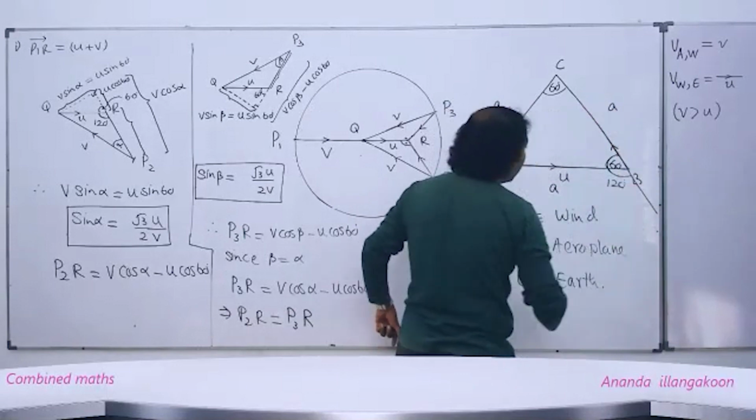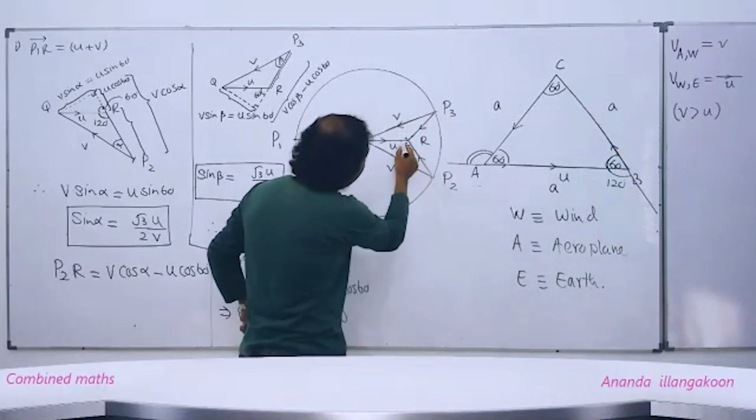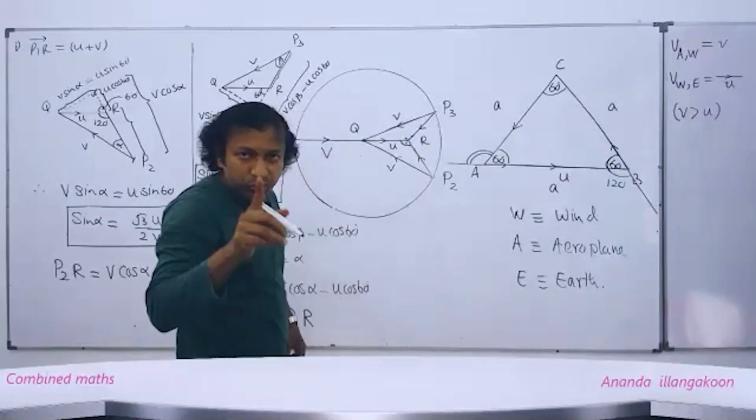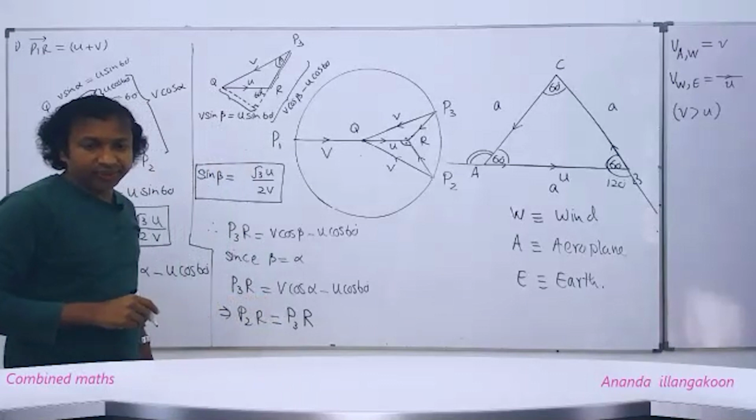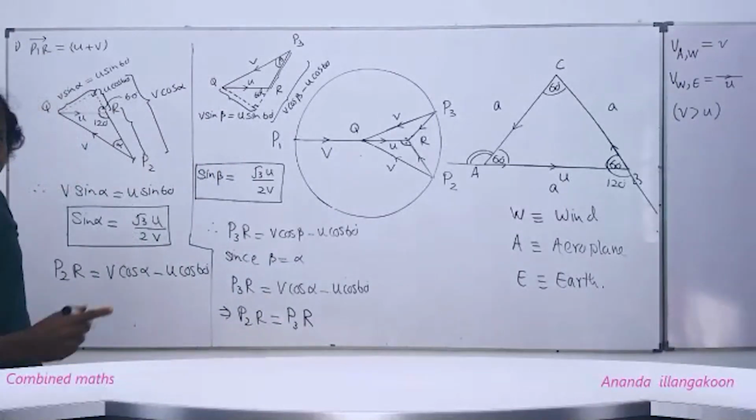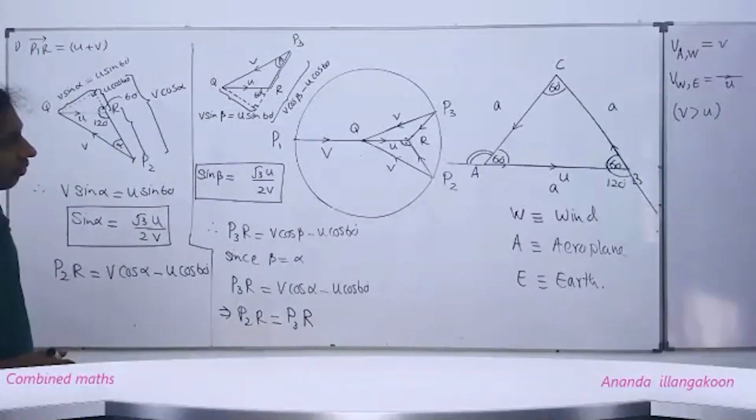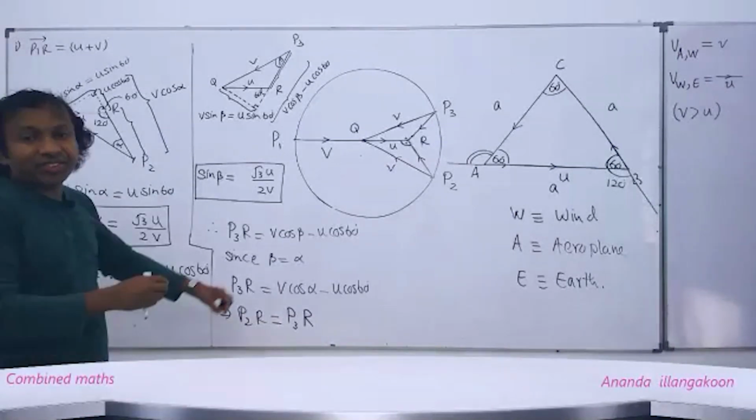This is 120. That 120 we have here. Now understood, right? Similar to the other one, now P3R makes 120 with P2R. Now we know the time.